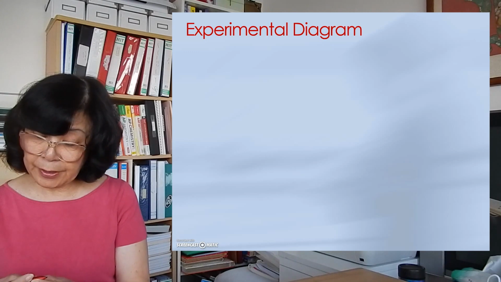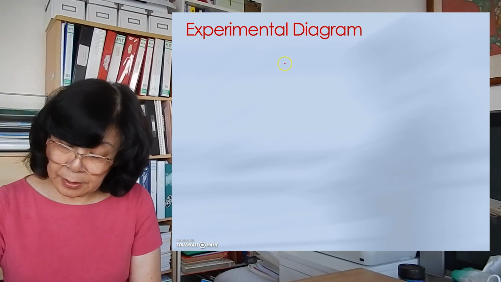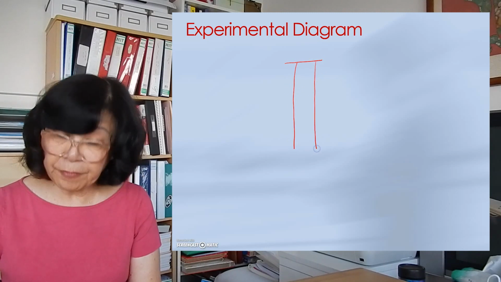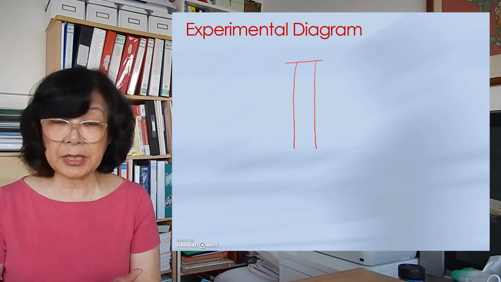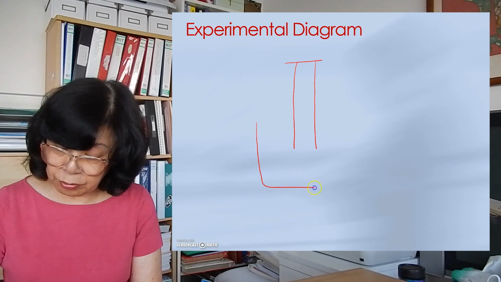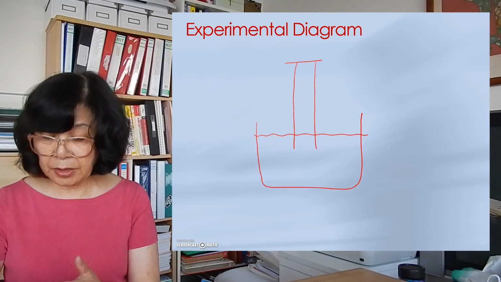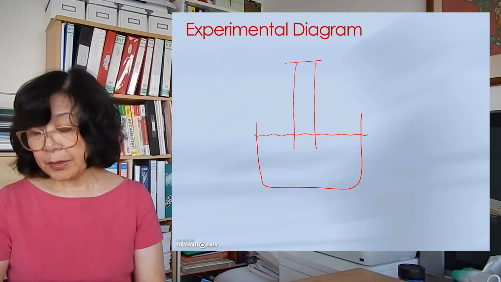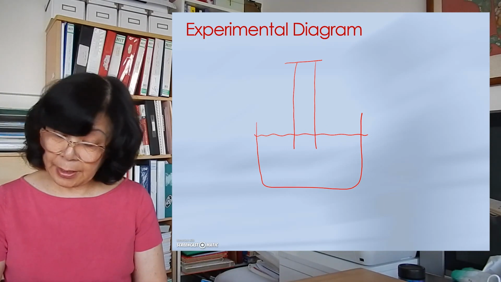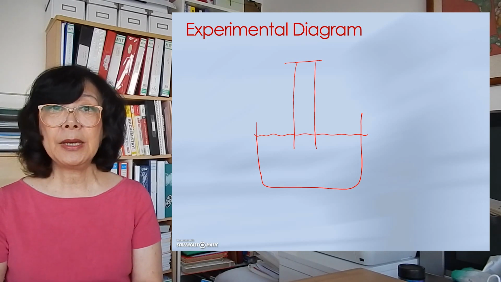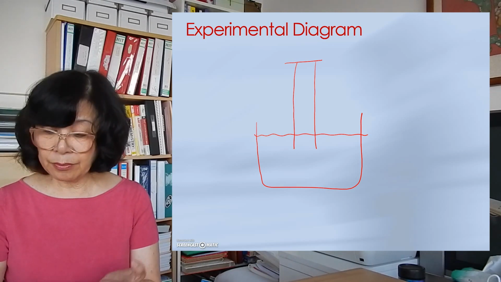Here I have this graduated cylinder that's fully filled with water and turned upside down and immersed into a water bath. So initially there's water in the water bath, and this graduated cylinder is fully filled. Now I have my butane lighter, which I have removed the cap and I massed it before.